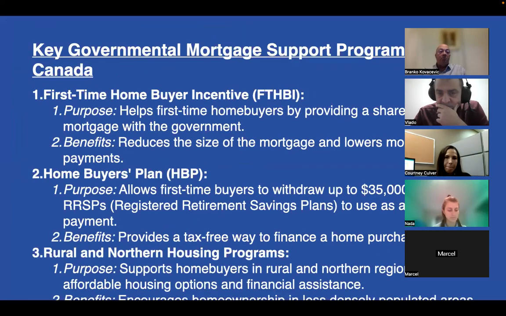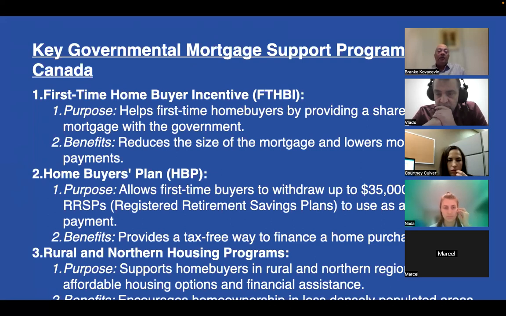Also, the Government of Canada has a couple of programs supporting and helping buyers to get into real estate. First, the most popular is the first-time home buyer program. The purpose of that program is to help buyers get their first property by putting in 5% equity on resale houses, or 10% on new construction.